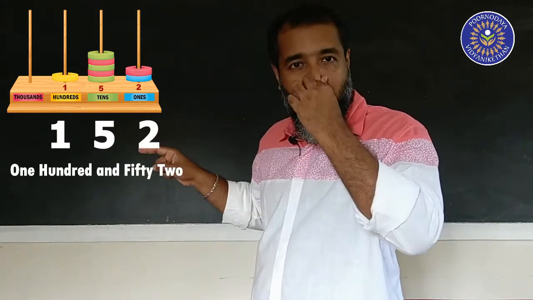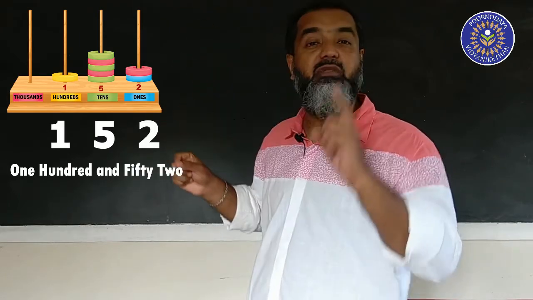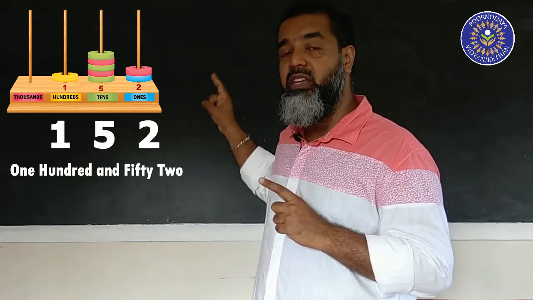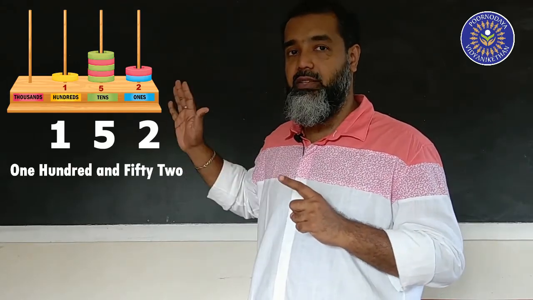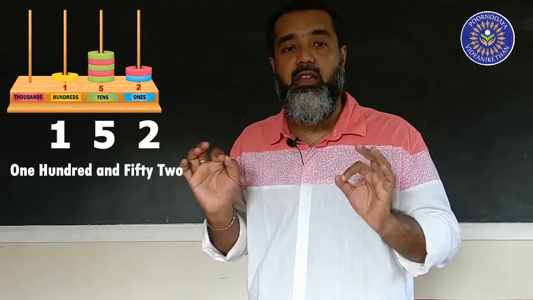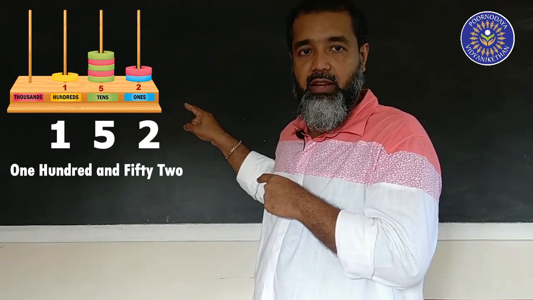In the hundreds abacus stick you have just 100. Now how many tens? 5 tens. So 5 into 10 is 50. So 150.